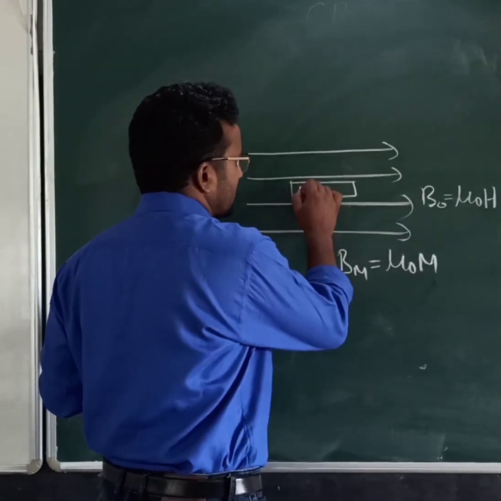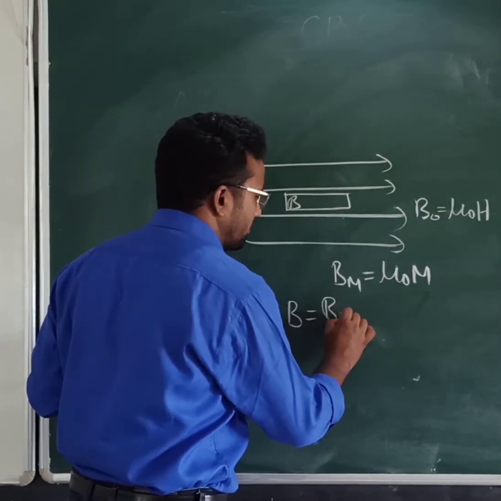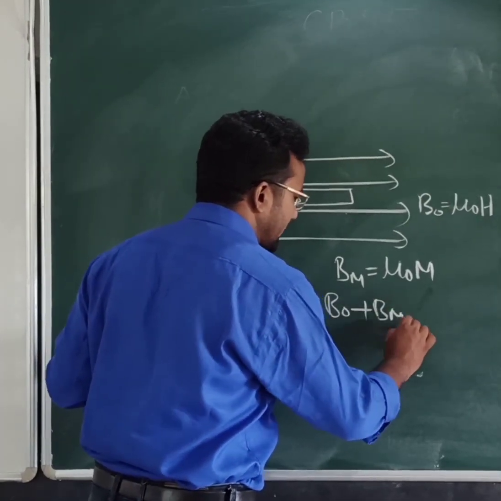Now, in this case, the total magnetic field will be B equal to B naught plus Bm.